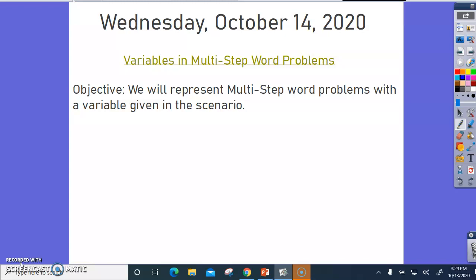If you know how to do the multi-step problems and find the solution, awesome. But if you are asked to build an equation, you don't always have to solve. You might have to figure out the equation that matches the problem with a variable in it.